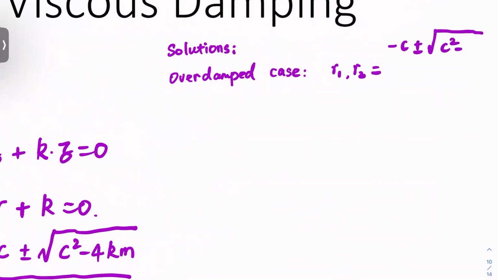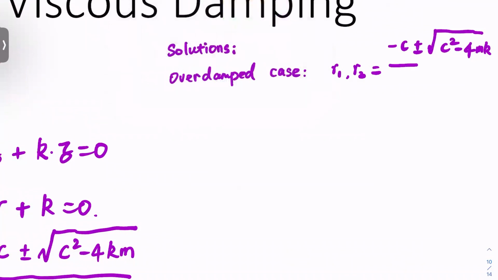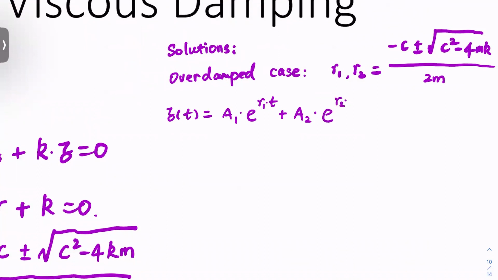C squared minus 4mk over 2m. And the general solution for this would be A1 times e to the power of R1t plus A2 e to the power of R2t.